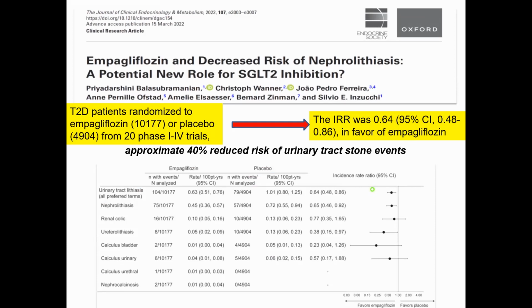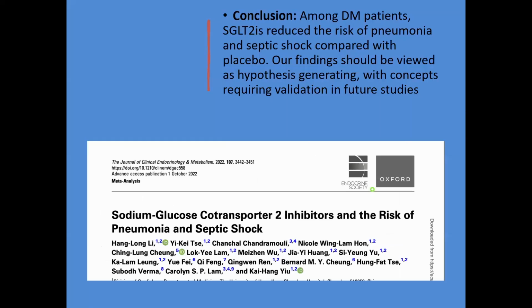It's about a 36% decrease in renal stones reported in the patients who underwent renal stones everywhere: renal colic, urolithiasis, calculus bladder, calculus urinary, calculus urethral, nephrocalcinosis, all those things. However, if you take everything and analyze, it favors this. But if you take individually, I don't think it helps much.